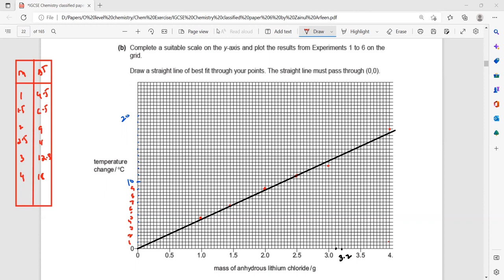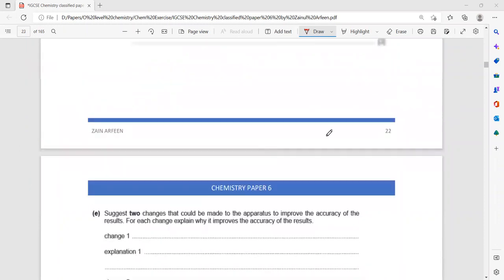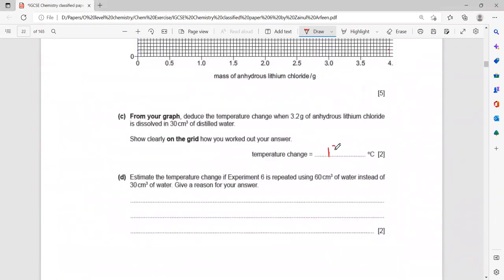So we'll draw a line from 3.2 and then find how much is the temperature change. So how much is this? 10, 11, 12, 13 and about 13.5. So the temperature change according to the graph we'll write as 13.5.